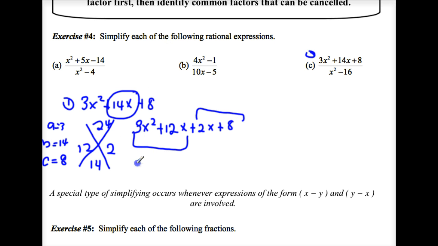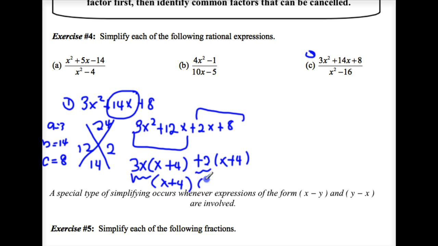What do these have in common? 3x, x plus 4. And again, you should master this from Unit 2 and 3. x plus 4. These are the same, so I write it back once. And then my two factors that I pulled out becomes 3x plus 2. So, for this now, my numerator becomes x plus 4 and 3x plus 2.